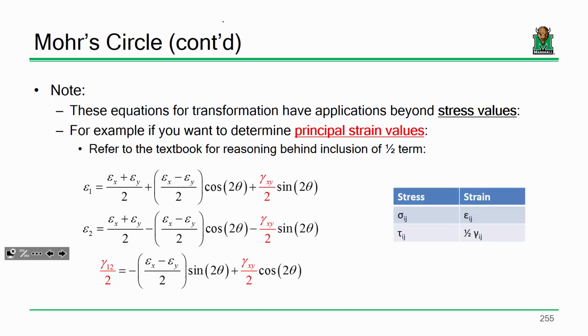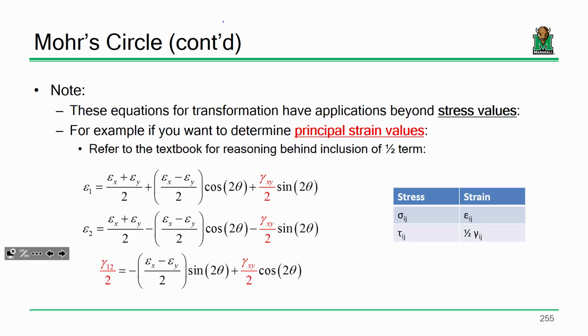Now, the only thing I will point out is this. Mohr's circle can be used for a number of different applications other than stress. You can also draw Mohr's circle for strains: a strain in the x direction, a strain in the y direction, a shear strain. The only quirk to it is that when you're dealing with shear strains, you have to divide by 2.